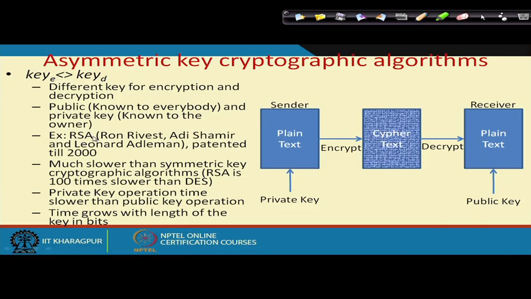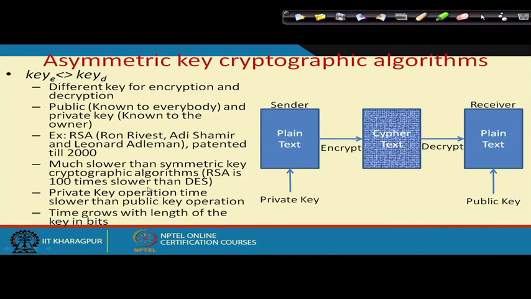There are not many algorithms in this category, and the one most used is the RSA algorithm, named after the three persons who invented it. As I told you already, all these cryptographic algorithms are complex mathematical functions.